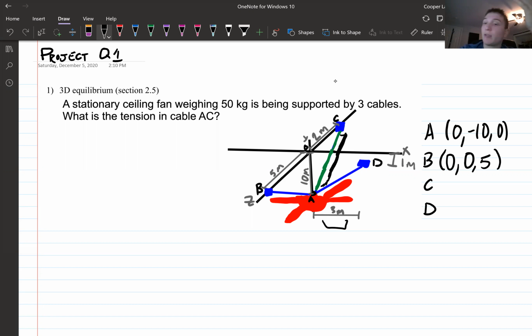And now we move on to point C. Point C is very similar to D. However, if you notice, it's on the opposite side of the axis, which means it's going to be a negative number. So at that point, it's 0, 0, -2, because it's on this side of the axis here, which means it has to be a negative value. Now I move on to D. D is a little different because it's not on any of the axes.